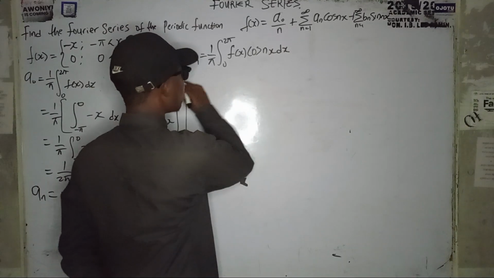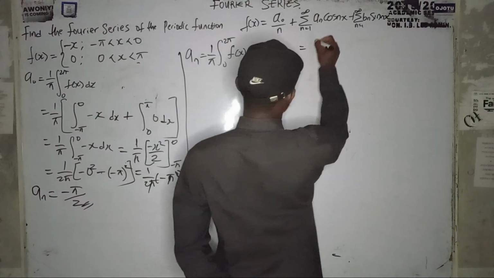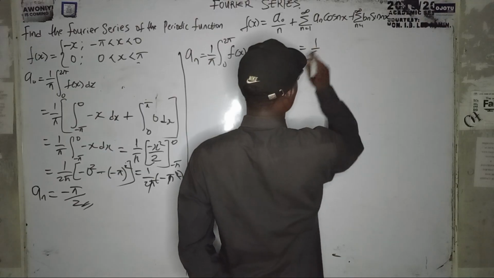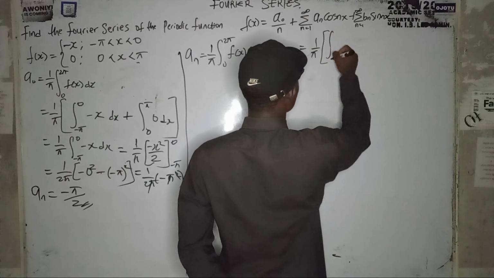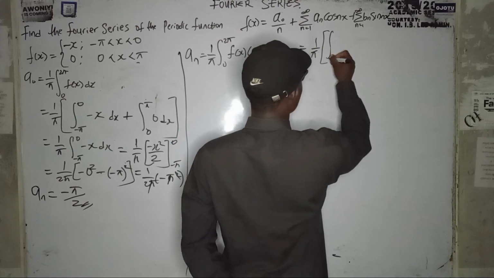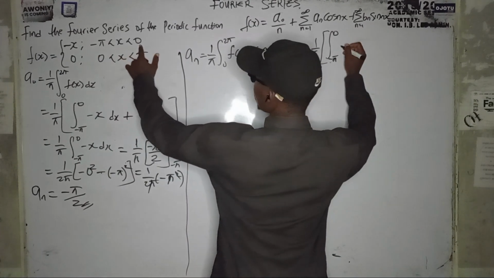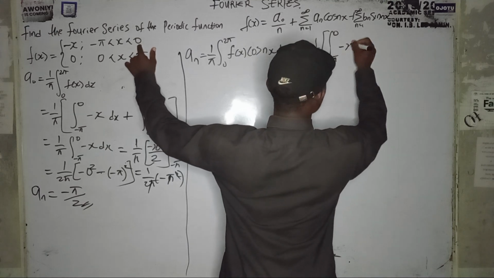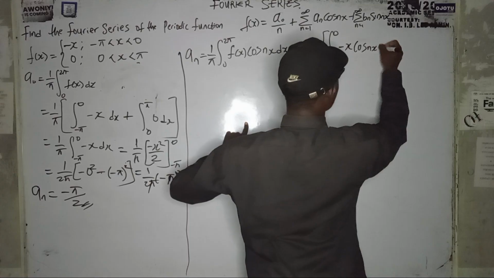If we break it down into two pieces, it will be 1 over pi, with a big bracket, the integration from minus pi to 0 of minus x times cos nx dx.